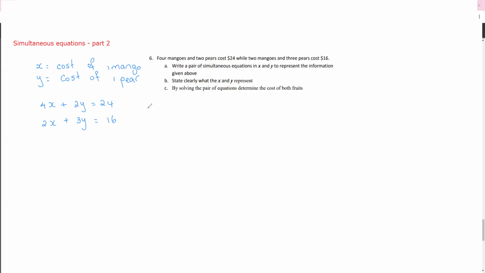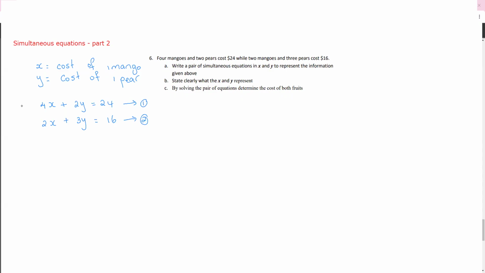Right, so first step is we label our equations 1 and 2. Now remember, we have 2 pairs of unknowns. We have a pair of X's and a pair of Y's.